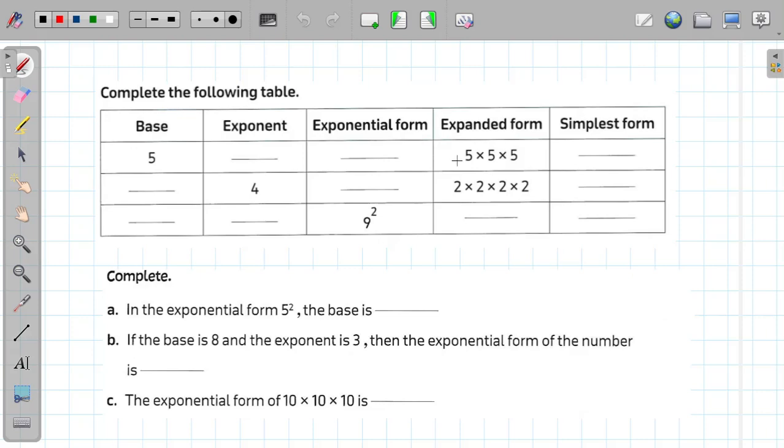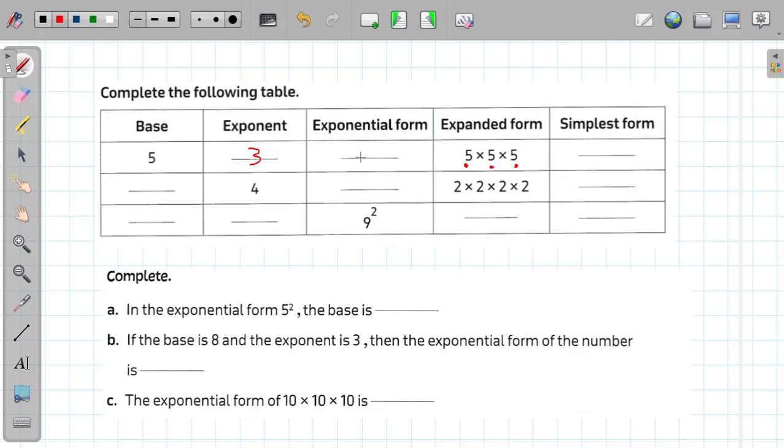I have here 5 times 5 times 5. So I repeated the multiplication 3 times: 1, 2, 3. So the exponent here will be 3 because I repeated 5 three times.